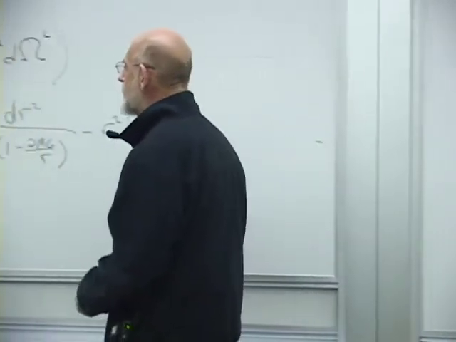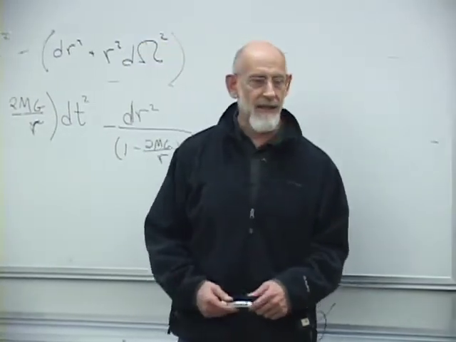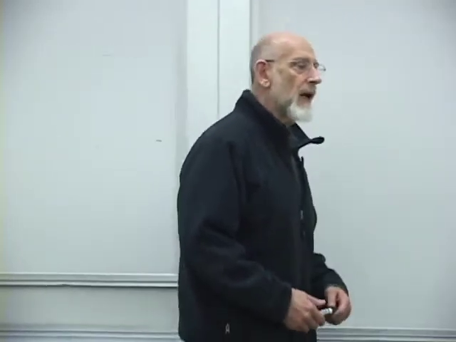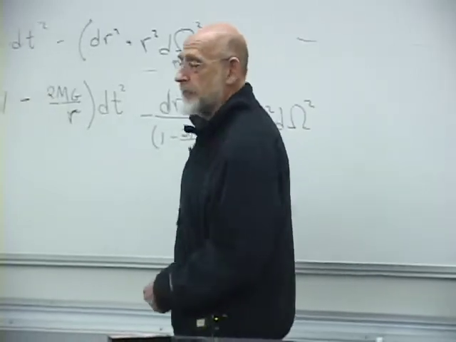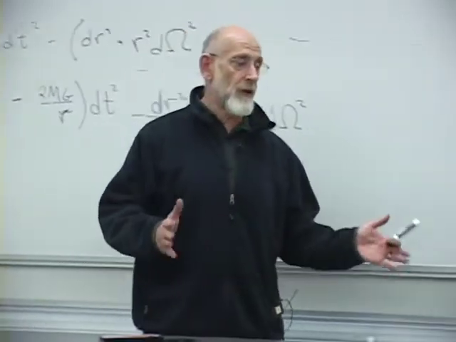The tidal force at the horizon is finite, and as the black hole gets bigger and bigger, the tidal force at the horizon gets less and less. So nothing dramatic would happen. If there's a sufficiently big black hole, you don't get squished at the horizon, and we're going to work that out. You don't get squeezed like toothpaste into the black hole.